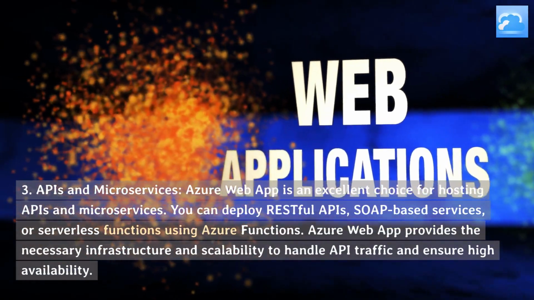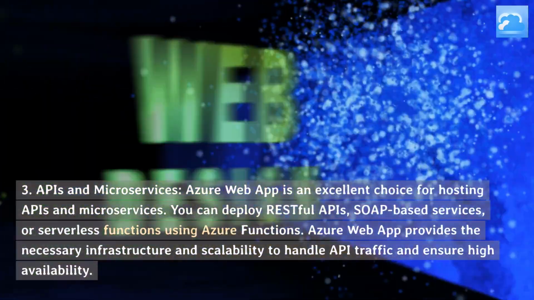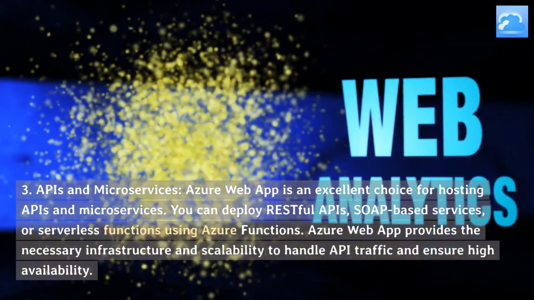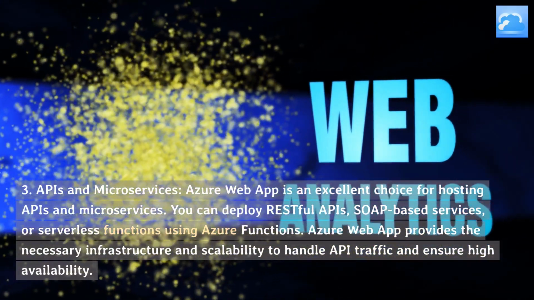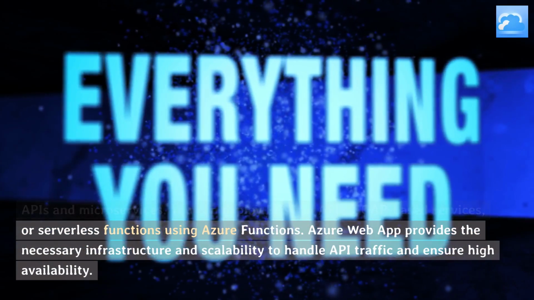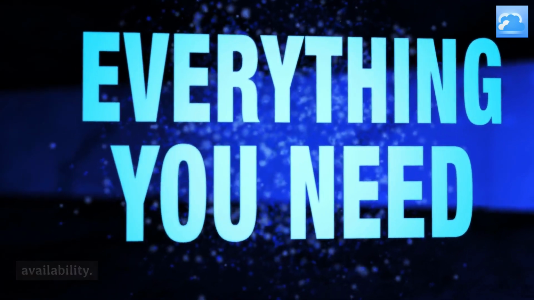Azure Web App is an excellent choice for hosting APIs and microservices. You can deploy RESTful APIs, SOAP-based services, or serverless functions using Azure Functions. Azure Web App provides the necessary infrastructure and scalability to handle API traffic and ensure high availability.